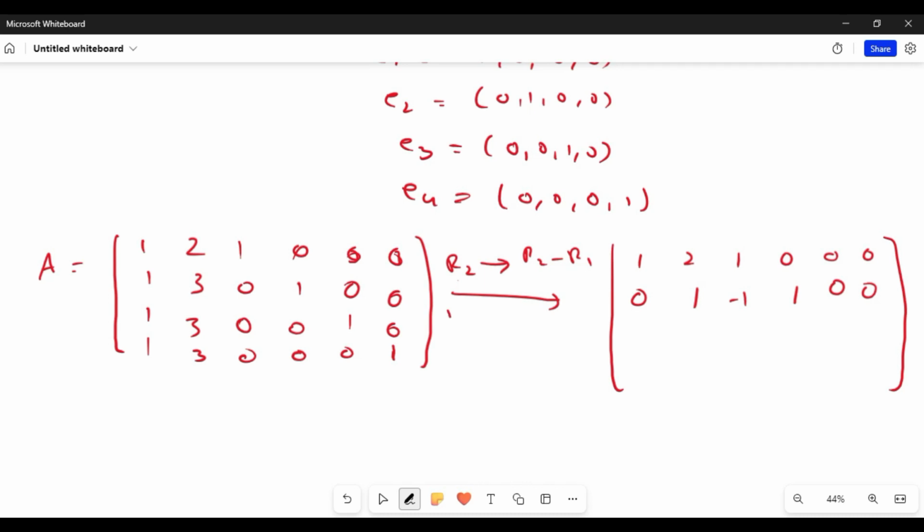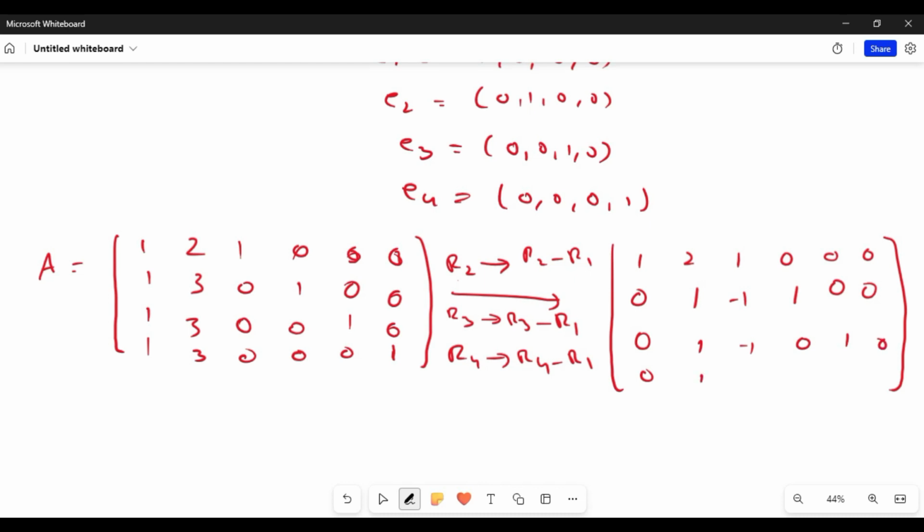Formula for R3 is R3 minus R1, and for R4, R4 minus R1. Third row will be 3 minus 2 is 1, 0 minus 1 is minus 1, 0 minus 0 is 0, 1 minus 0, 0 minus 0.